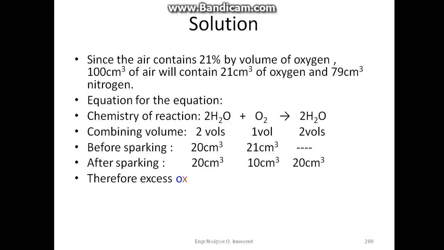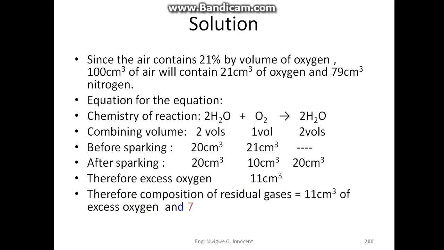Therefore, excess oxygen is 11 cm³, that is 21 before sparking minus 10 after sparking. Therefore, the composition of the residual gases is 11 cm³ of excess oxygen and 79 cm³ of nitrogen.